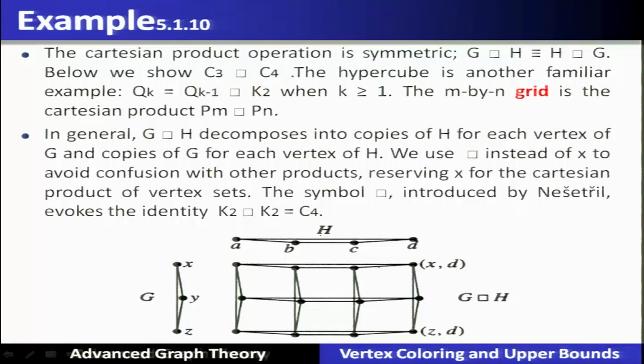So, let us see in this particular example x, y, z, that is C3 cycle, 1, 2, 3, 4, this is C4. So, let us take this particular example and we will see the Cartesian product of these particular graphs.